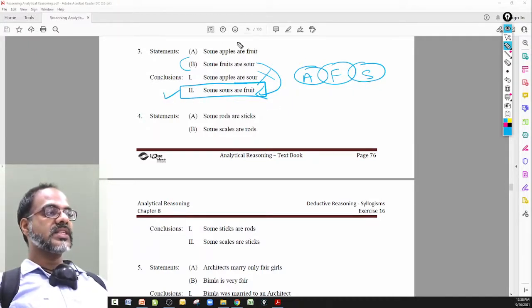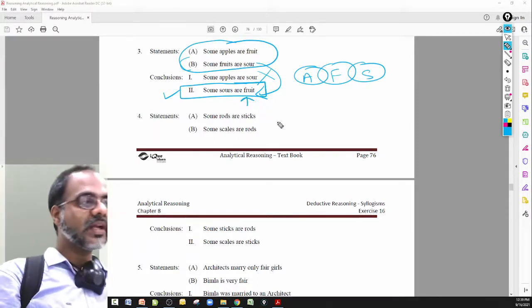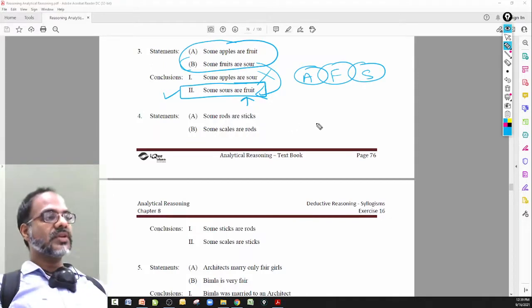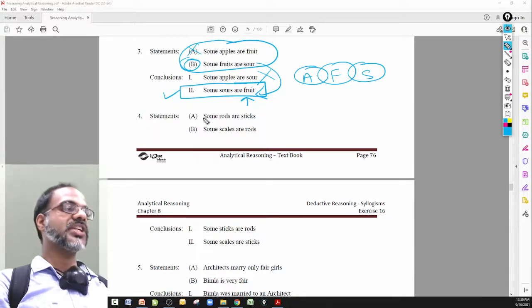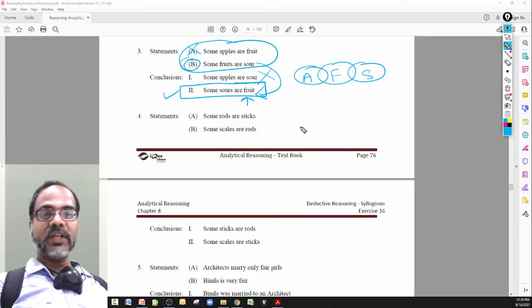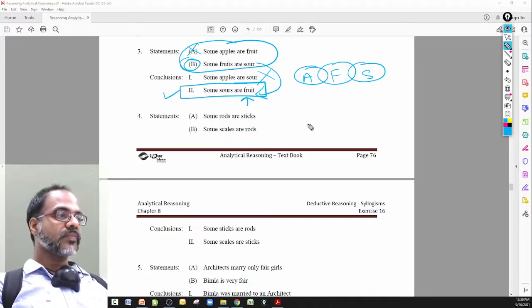But if it is necessary, as per the instructions, that the conclusion has to be derived using both these statements, then this may not be taken as a conclusion for the very simple reason that it is concluded using only statement B and not statement A. So you have to go through the instructions carefully to understand whether the second one has to be taken as a valid conclusion or not.